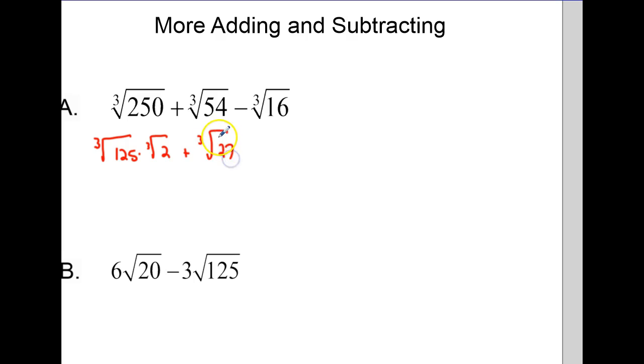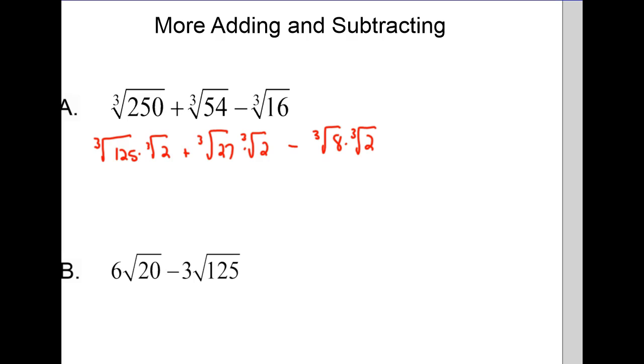So 54 is 27 times 2. And I know that the cube root of 16, I know I've got a whole host of 2's in there. So I know 8. The cube root of 8 is a perfect cube times the cube root of 2.